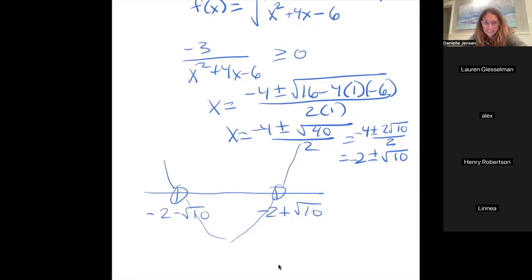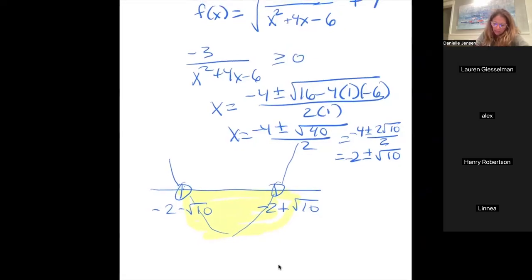Negative. Exactly. So that's what I need. That's going to inform my domain, which is then going to help inform my range. The one thing to be careful about is to make sure you can't divide by 0. So the domain will be -2 minus root 10 to -2 plus root 10, exclusive.